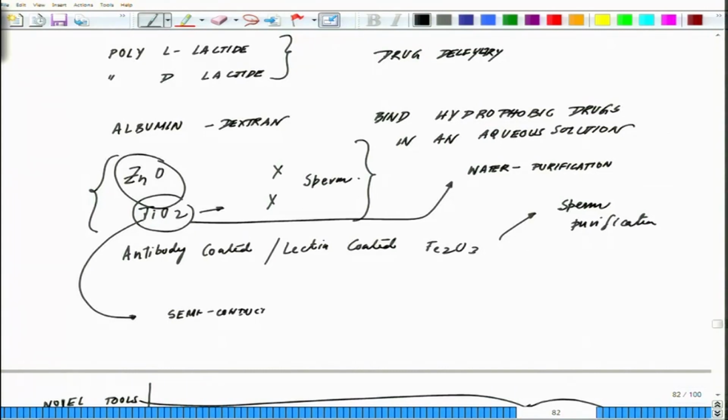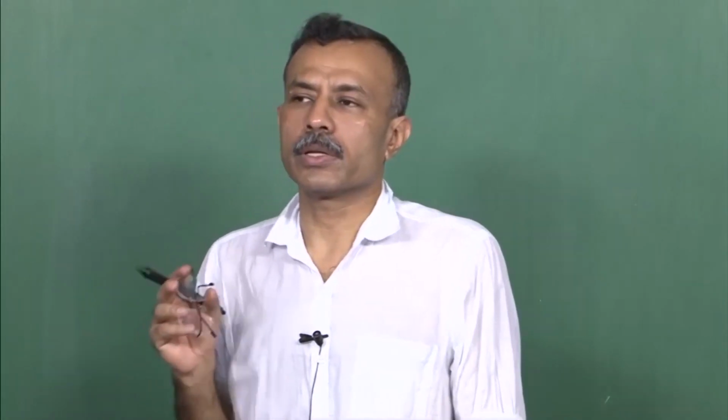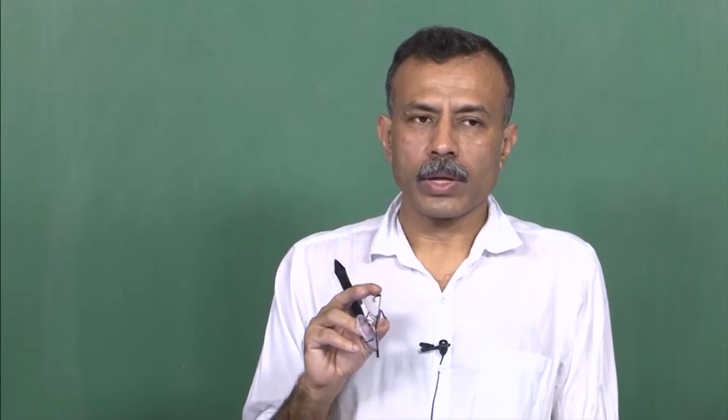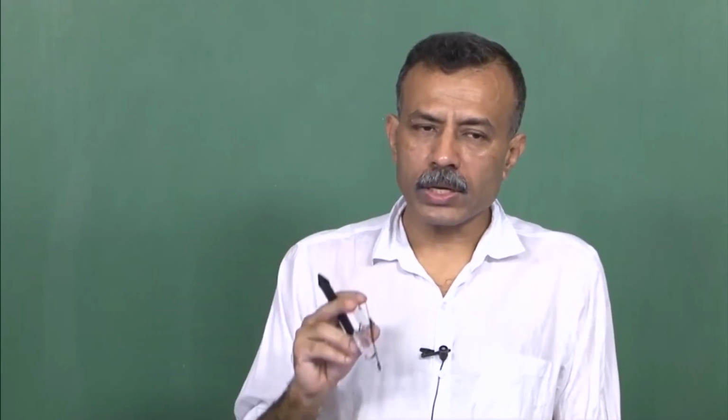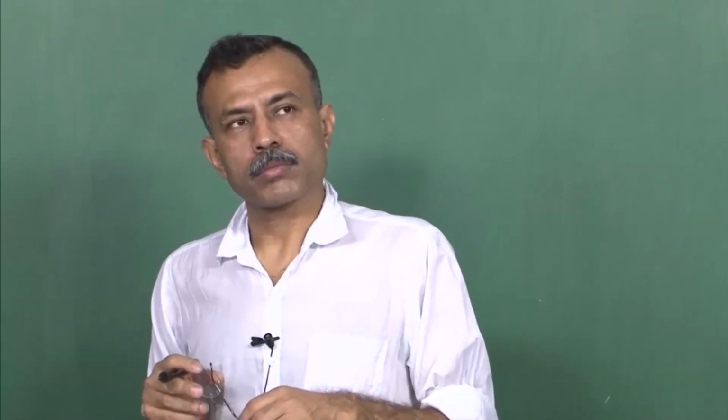Photocatalytic, so this could split water even. So what is important is that while we are using these kinds of nanomaterials, one should be careful that it is not affecting the physiology of the animal. The same thing may affect the sperm.